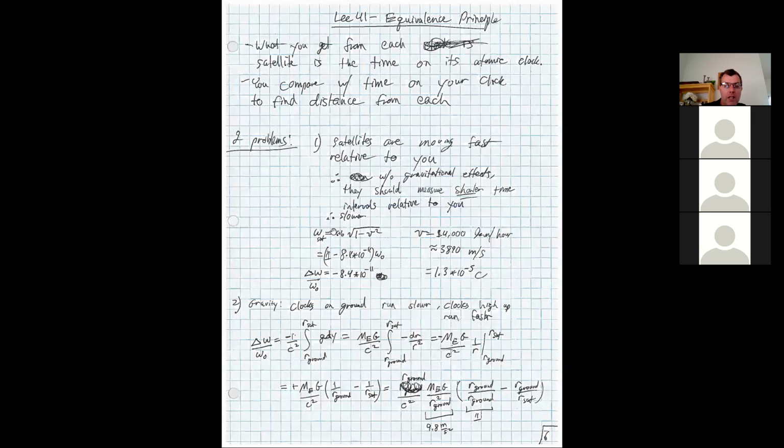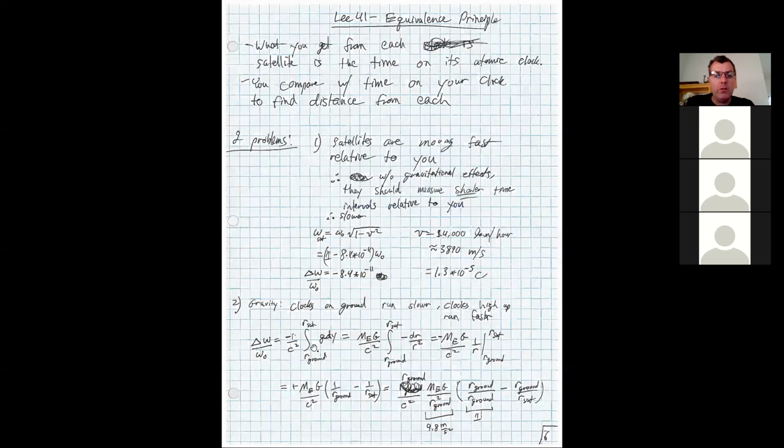There's a square root of 1 minus v squared in here. And that's going to create a discrepancy if you run the numbers through a calculator, of 1 part in 8.4 times 10 to the minus 11.